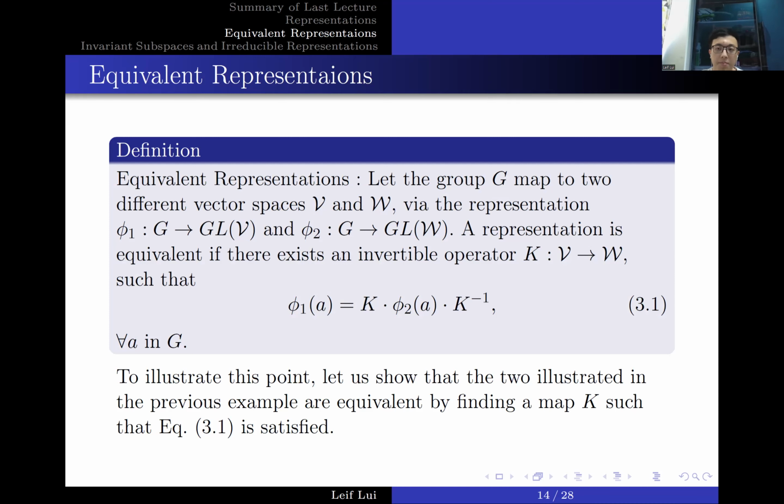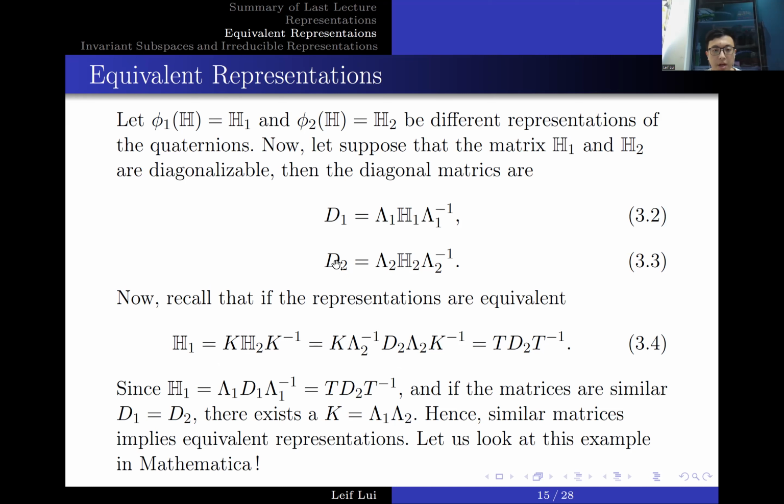Now, recall that if the representations are equivalent, we can multiply K and K inverse and sandwich them around H1 to yield H2. If we substitute this expression in terms of D1, so if we multiply lambda sub 2 on this side, and lambda inverse on this side, we get H2 equals lambda inverse times D2 times lambda sub 2.